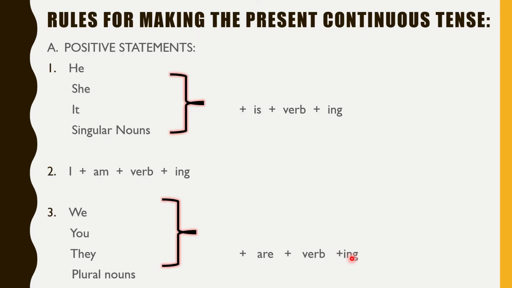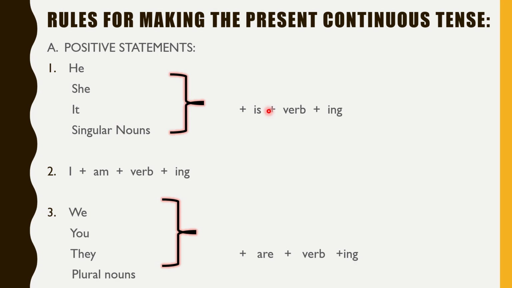Now children, you need to remember that there are certain rules that we need to follow when we are making sentences into the present continuous tense. There are 3 types, alright? When we are changing them into positive statements or negative statements or questions. For example, under positive statements, we have the singular nouns he, she, and it. To these singular nouns, we can add, of course, a person's name too.